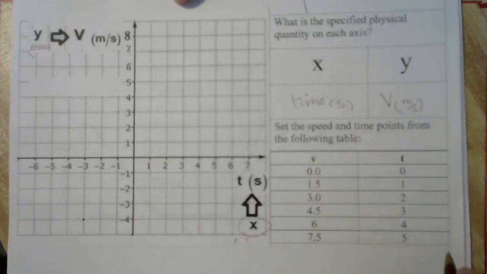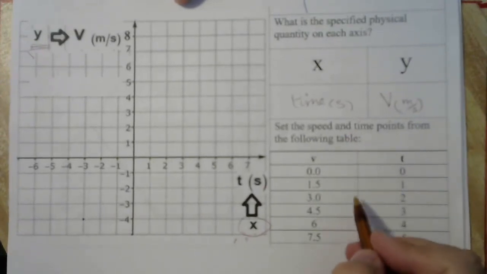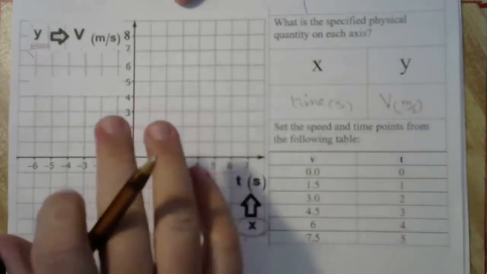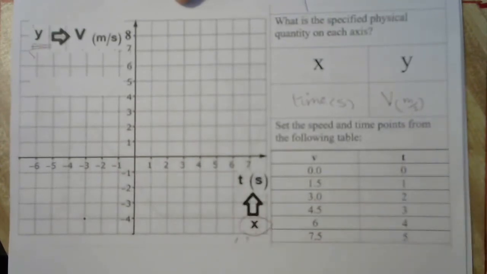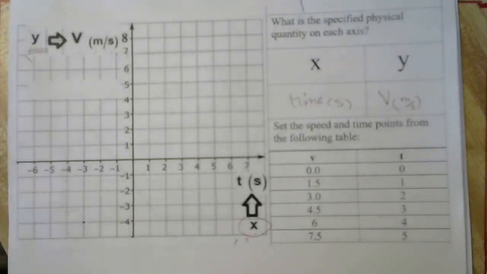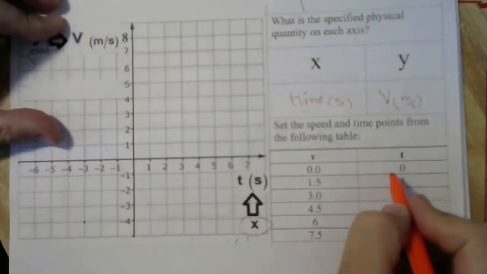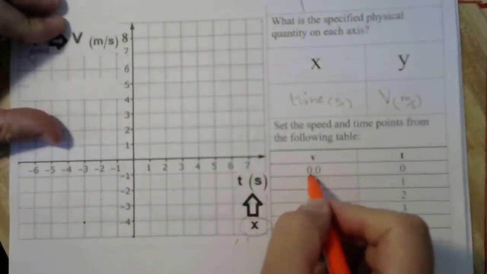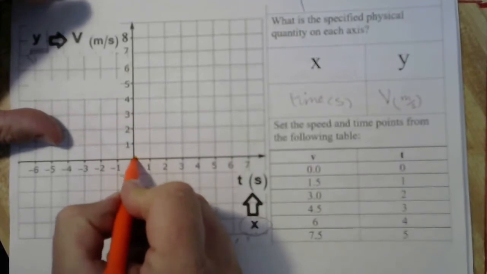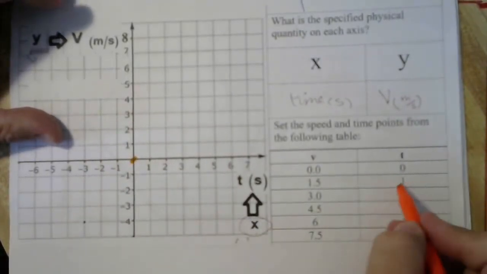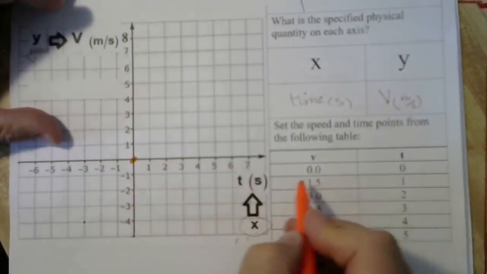Now simply I need to assign these points in this graph. I need to put each point at its position. At t equals 0 the velocity is 0. At t equals 1 the velocity is 1.5.